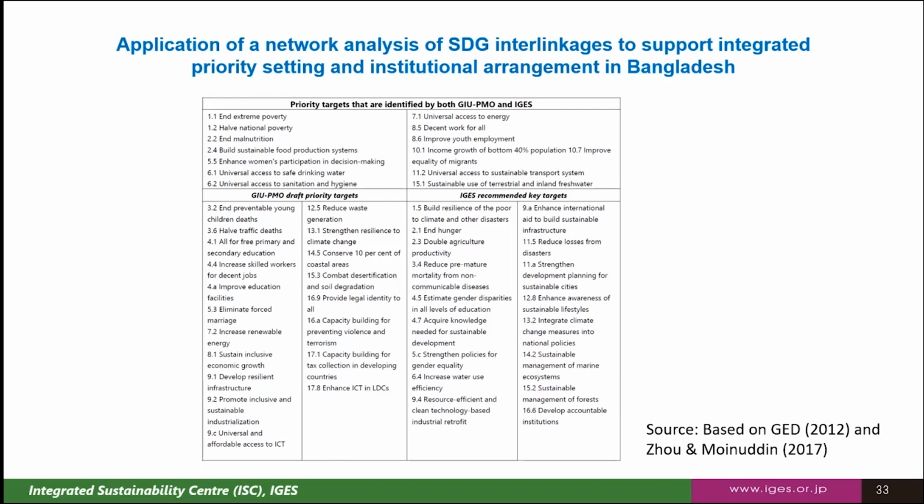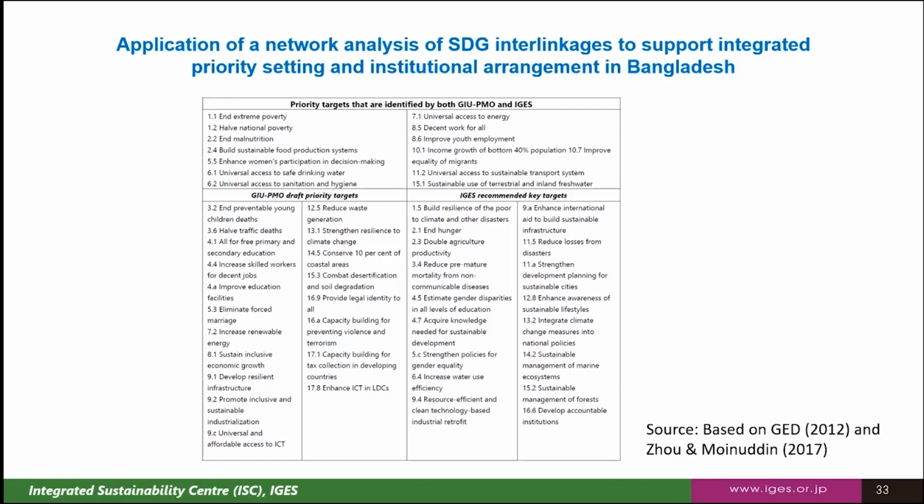In this table, the targets listed in the upper part are those proposed by both IGS and the government of Bangladesh. And the targets listed on the left of the lower part are those proposed by the government of Bangladesh.